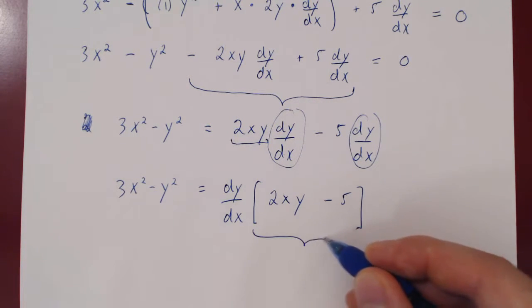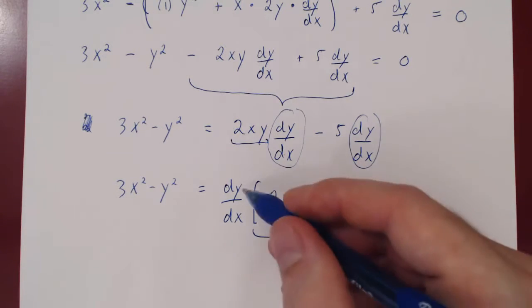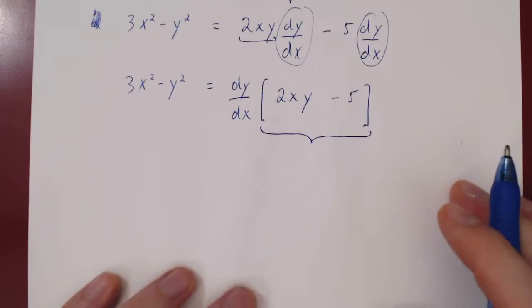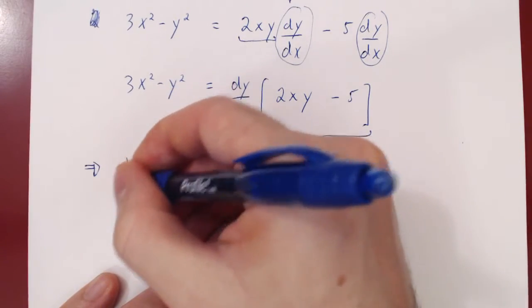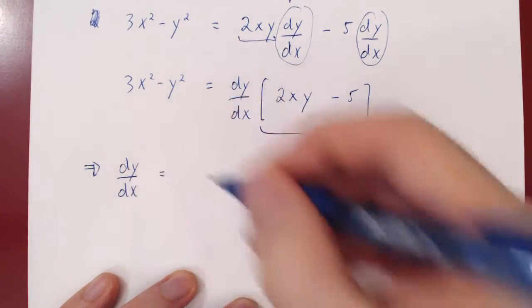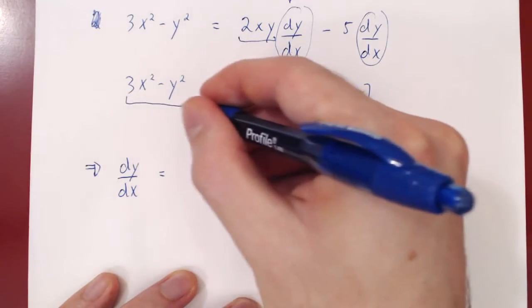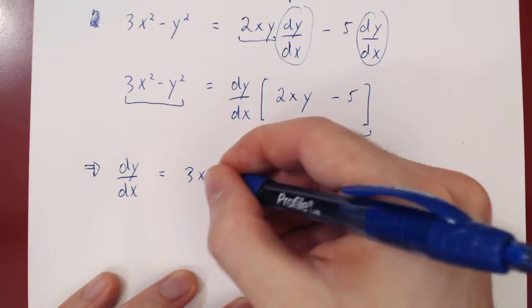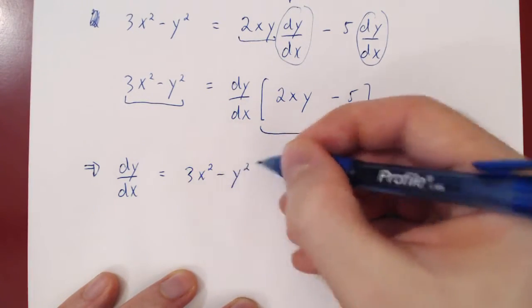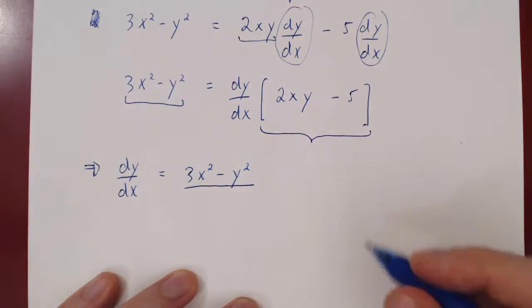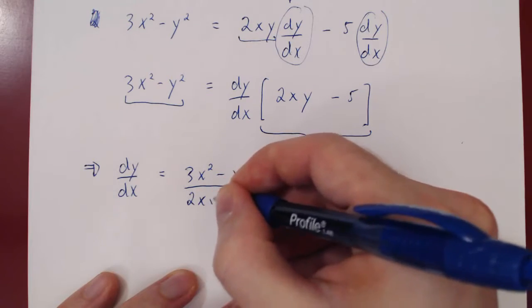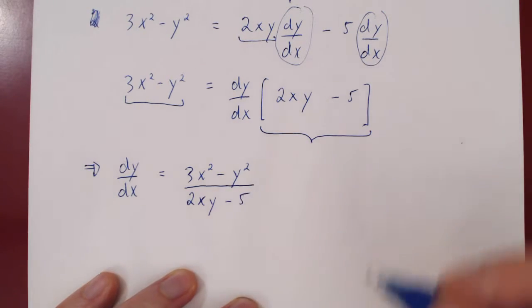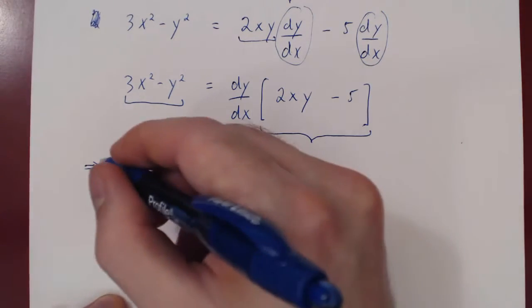Well, divide both sides by this, and you'll have isolated the derivative. So our conclusion is that dy over dx is equal to the left-hand side, so 3x squared minus y squared divided by 2xy minus 5. And we have the derivative of our curve.